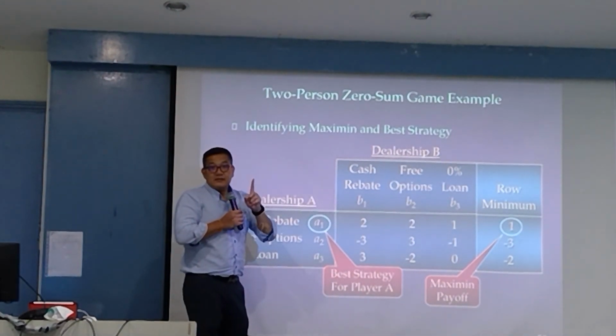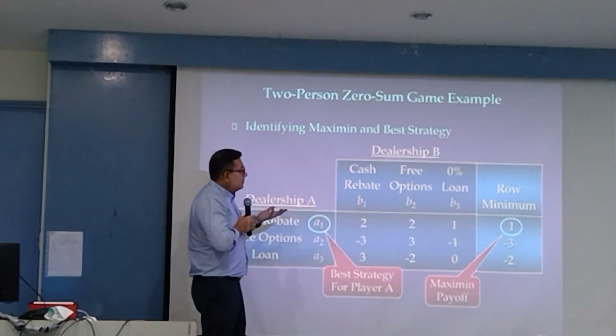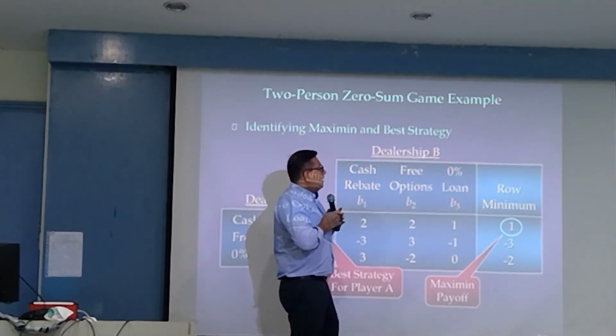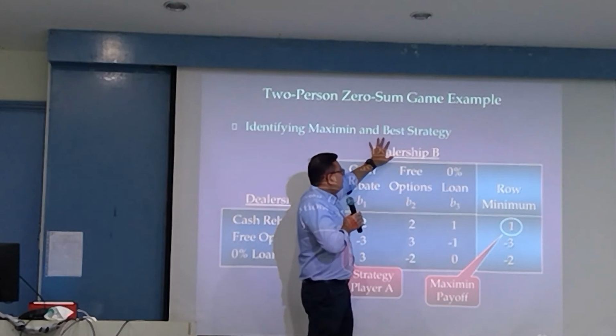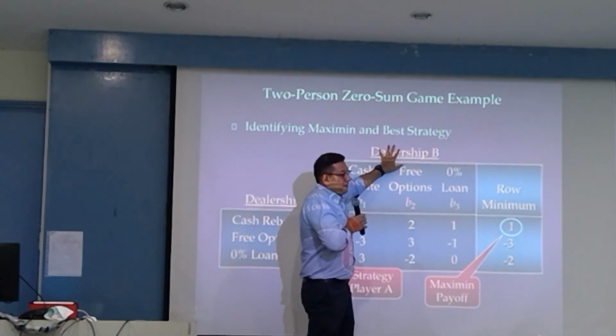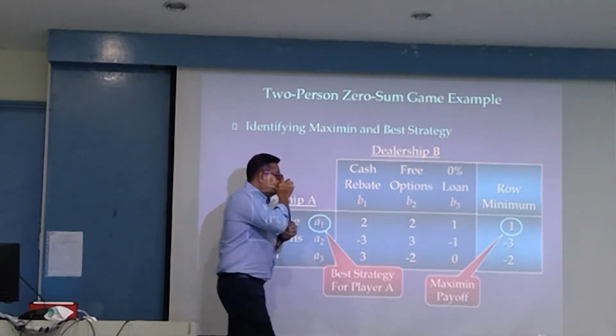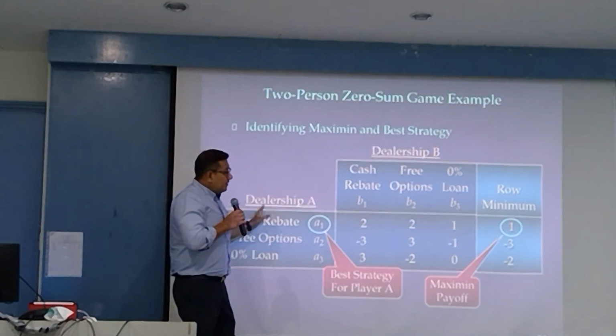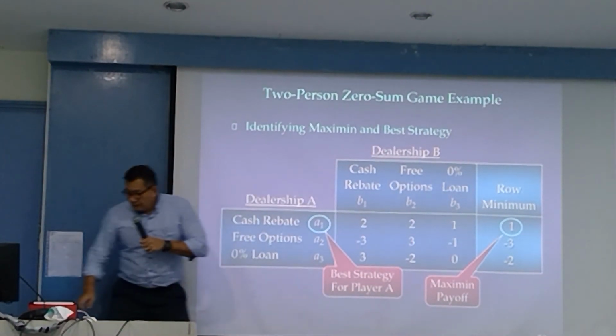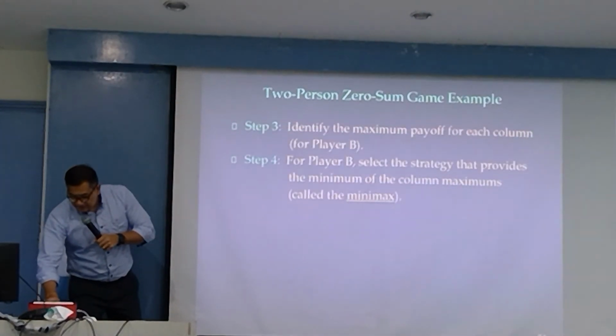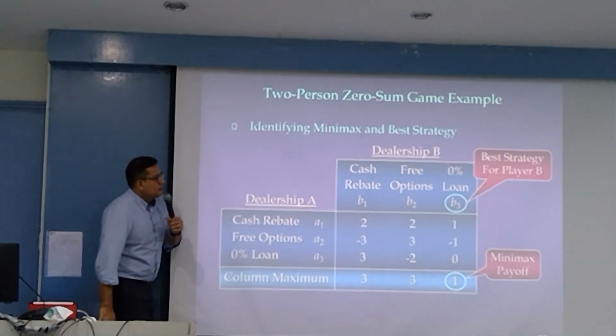But on the other hand, if we consider the side of dealership B, where we try to compete with A, B is going to use the concept of minimax. Why?